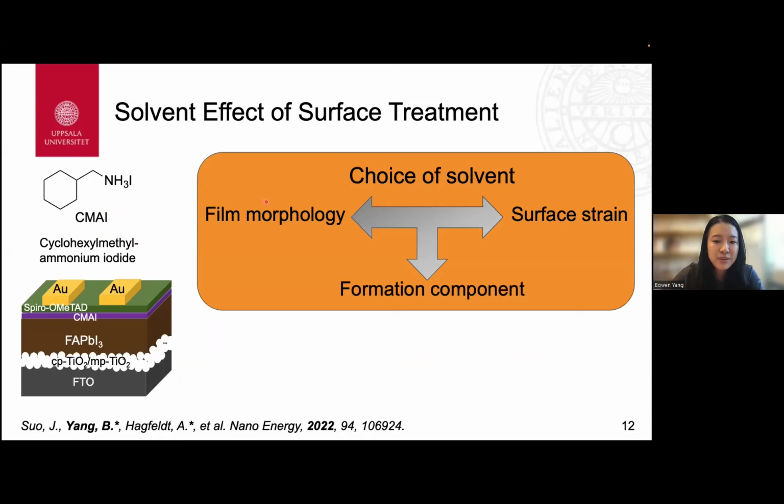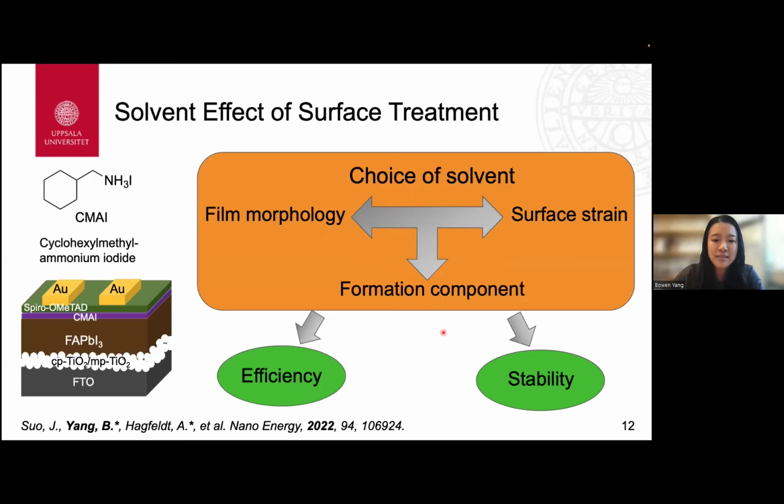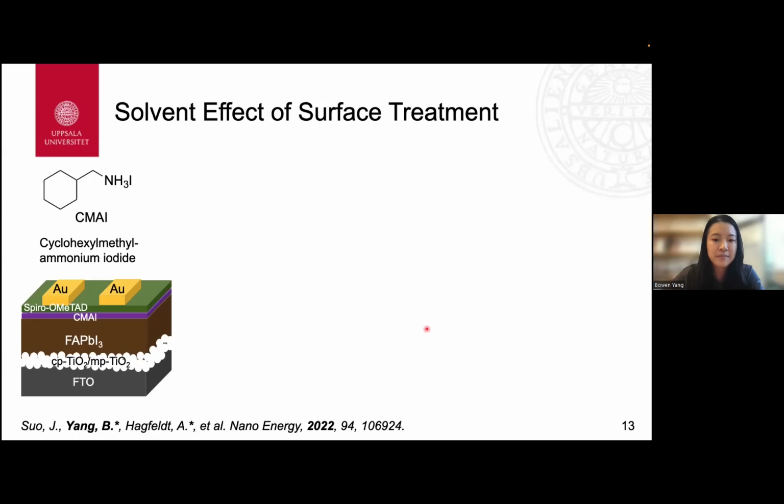By combining surface treatment with CMAI in different solvents, we noticed that the choice of solvent for post-treatment could affect or influence the film morphology, the formation components on the surface, and also the surface strain of the perovskite film. So these factors could eventually affect the quality and the stability of the perovskite film and the resulting solar cell devices, which needs to be considered.